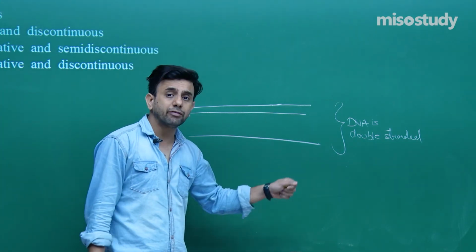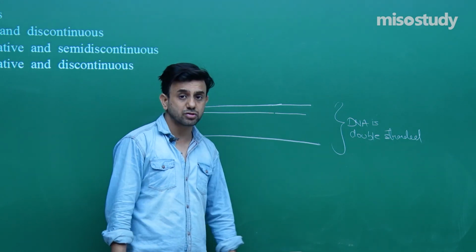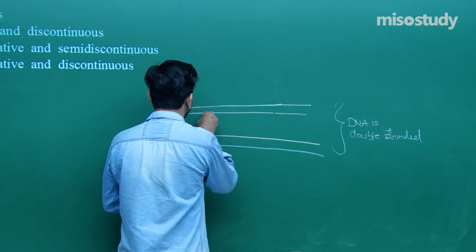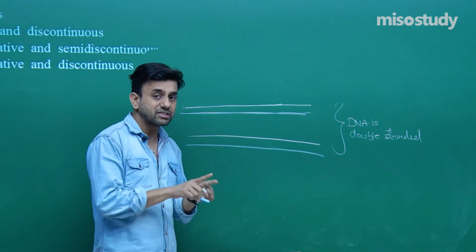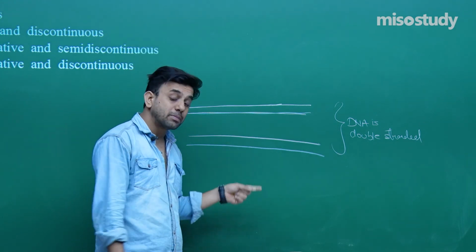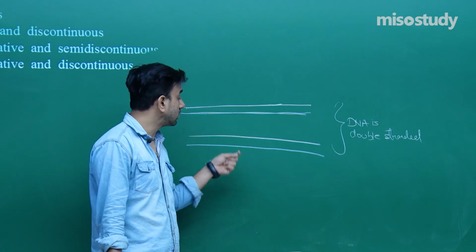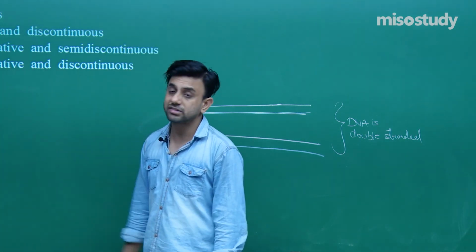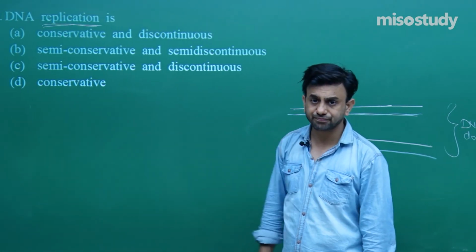Because in the new DNA formed, one is the parent strand and the other is a daughter strand. Had both been the same, it would have been conservative. So, the semi-conservative nature of the DNA, and also the semi-discontinuous nature.